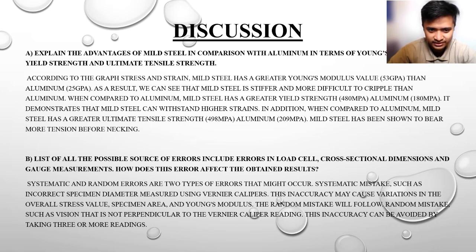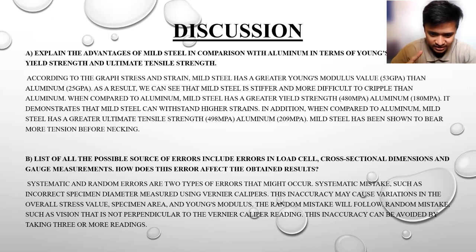Next is to list all the possible sources of error, including error in the load cell, cross-sectional dimension, and gauge measurement, and how these errors affect the obtained result. Systematic and random errors are two types of error that might occur. A systematic mistake is, for example, incorrect specimen diameter measurement using a vernier caliper.